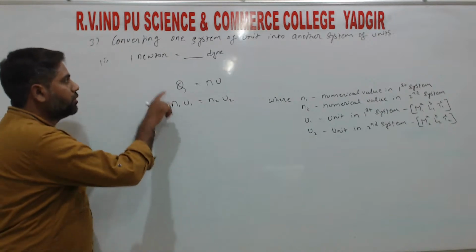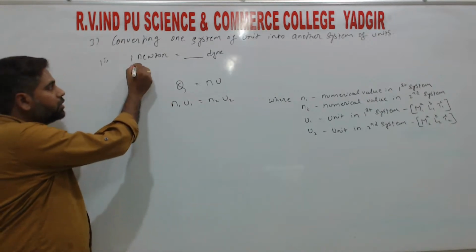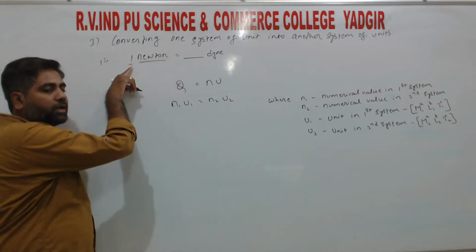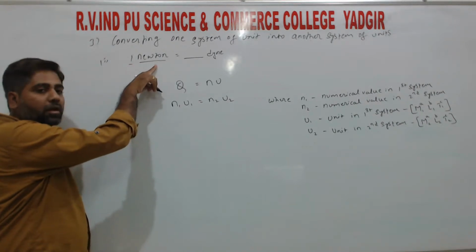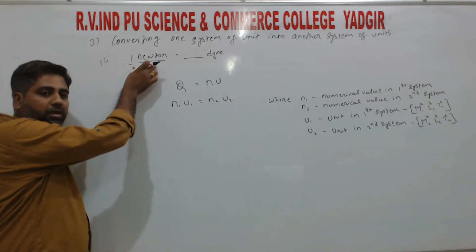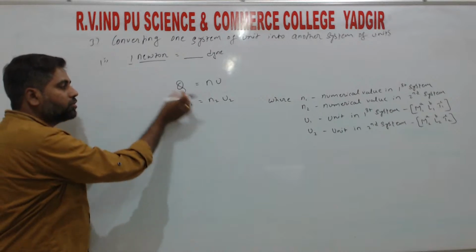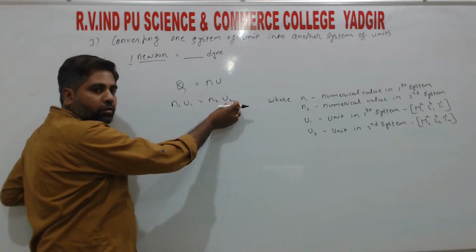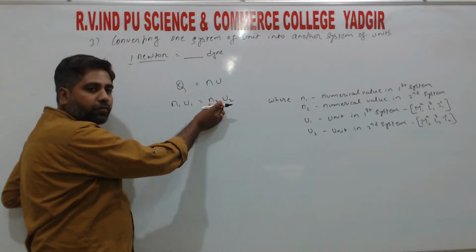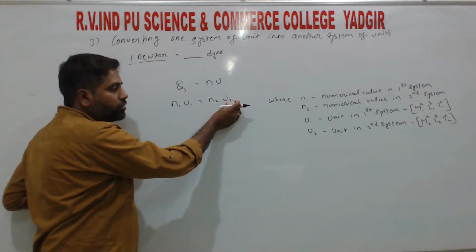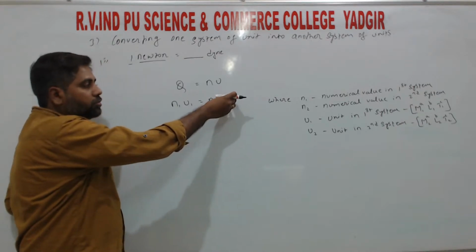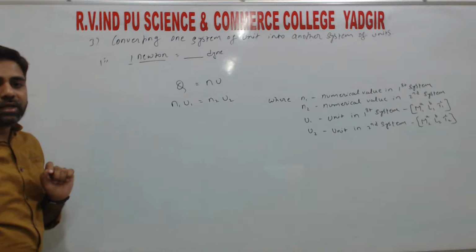So here if you observe, 1 Newton: 1 is the numerical value, Newton is the unit. This is in the first system, the SI system. Same as N2 U2, where N2 is the numerical value of the second system and U2 is the unit of the second system.